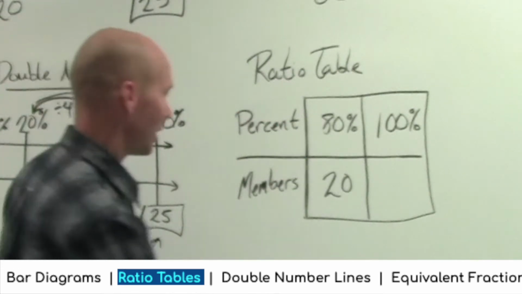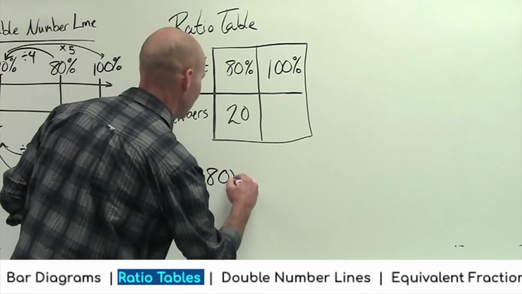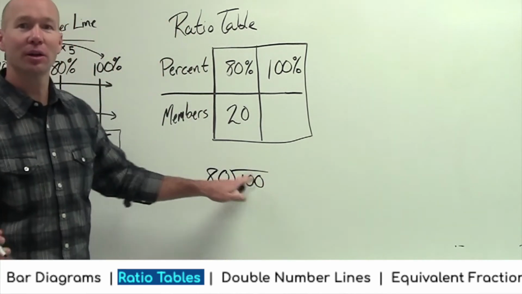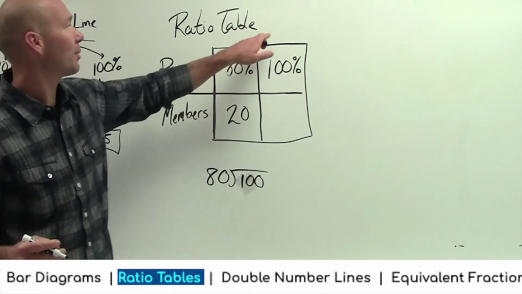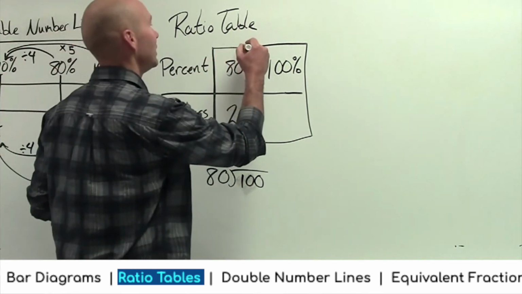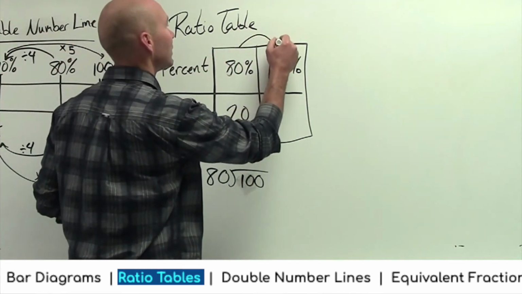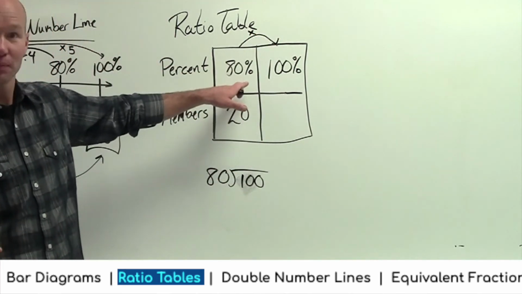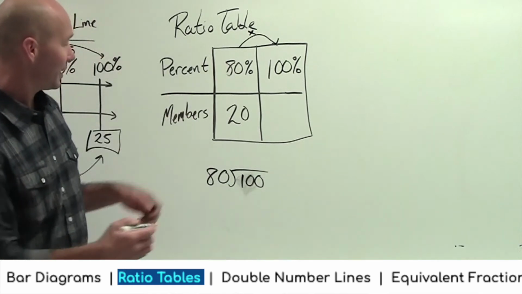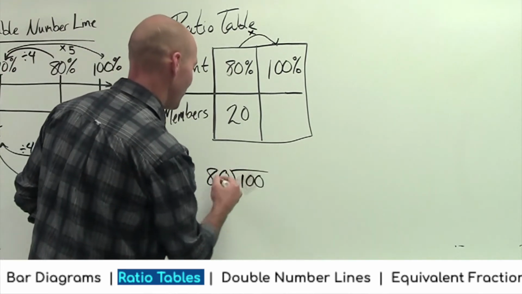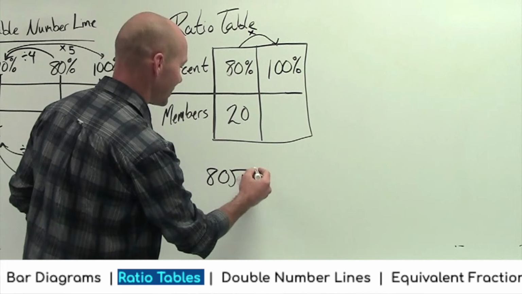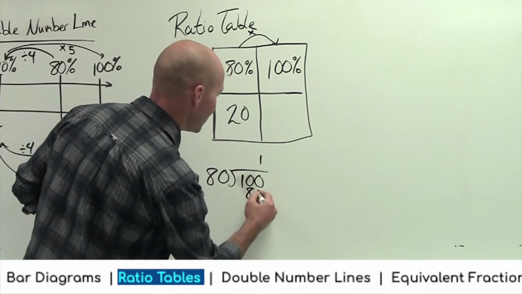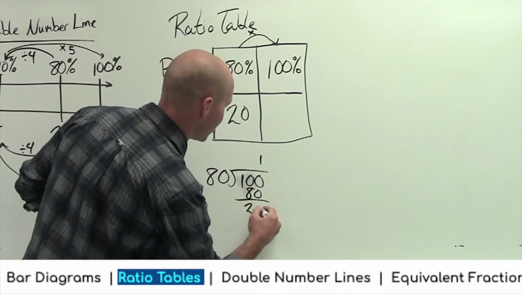We'll have to divide 100. I have to divide 100 by 80 to find out 80 times what equals 100. So 80 goes into 100 one time. 1 times 80 is 80, and I get 20 left.